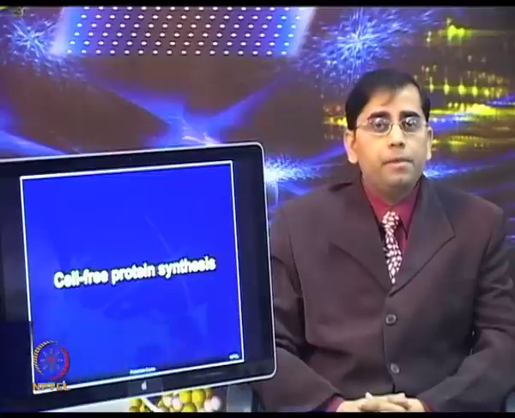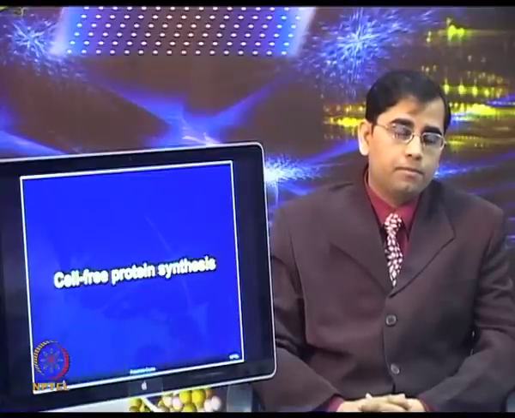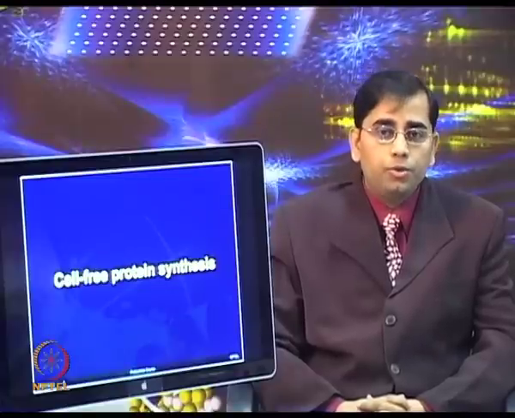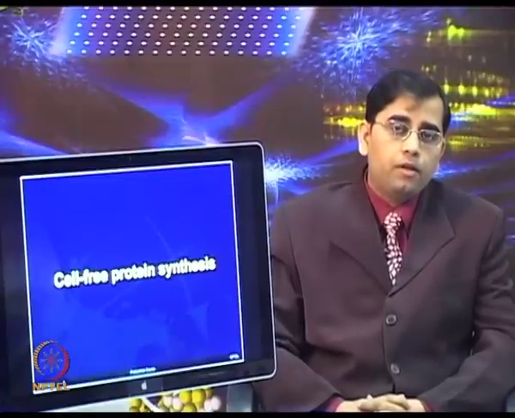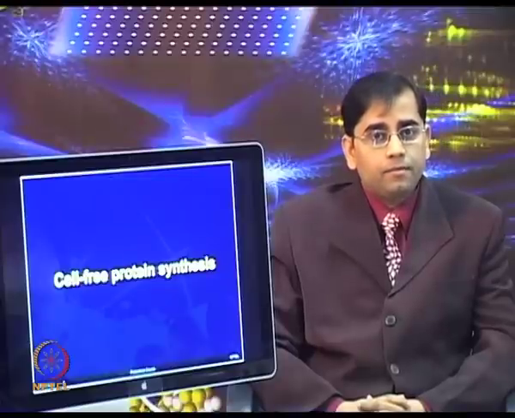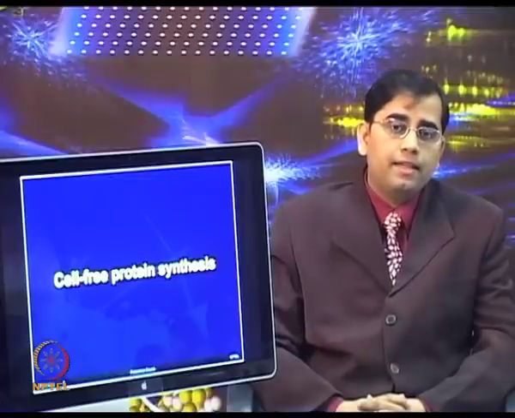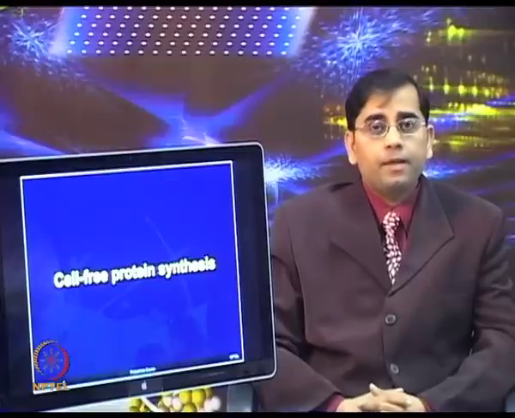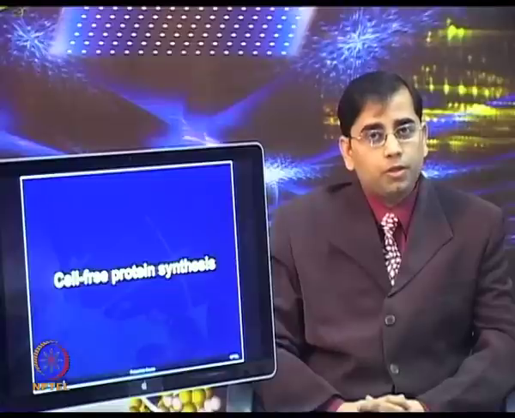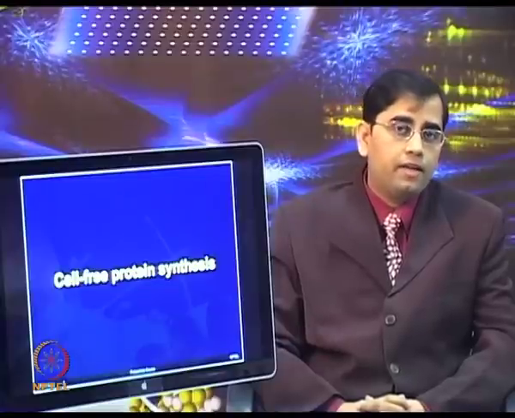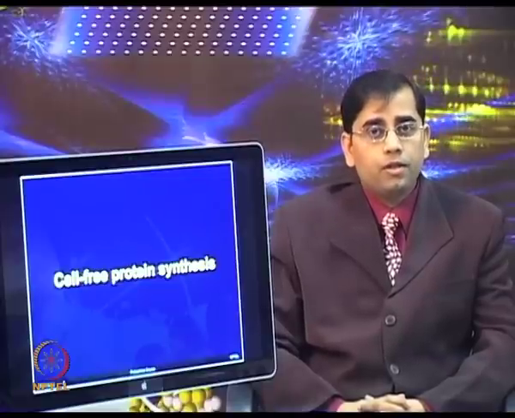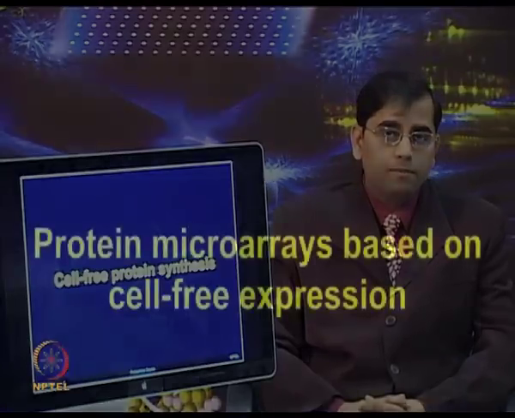These are the majorly used systems, but there are other systems as well, obtained from Xenopus oocytes, hybridomas, insects and mammalian cells. So, there are various approaches which have been used and demonstrated very effectively in the literature, showing that cell-free expression systems can be used to synthesize proteins.